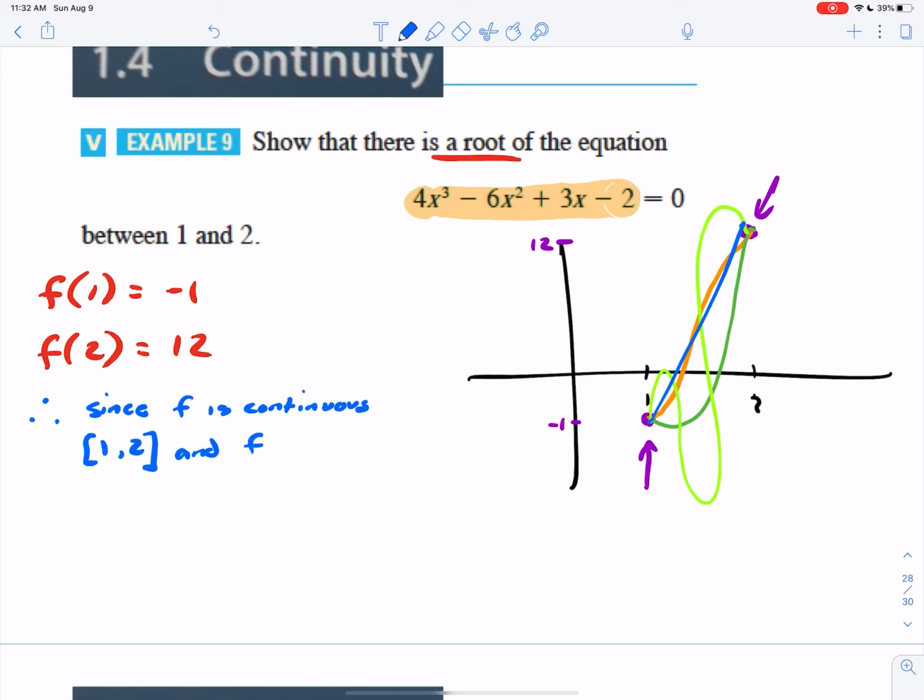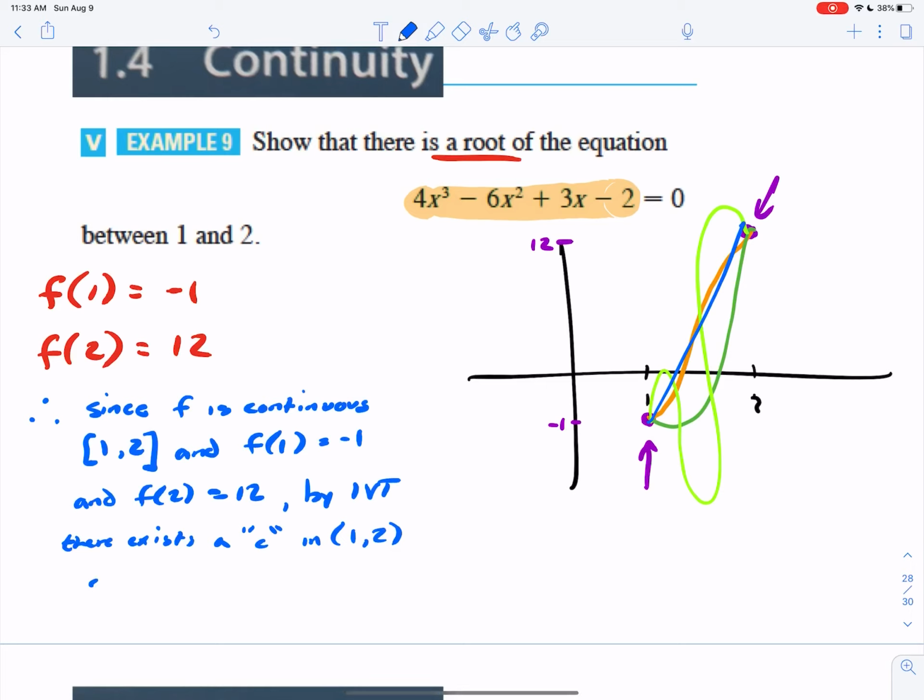And f of 1 equals negative 1, and f of 2 equals 12, by IVT, there exists a c somewhere between 1 and 2 such that f of c equals 0. And I put 0 because it's a root.